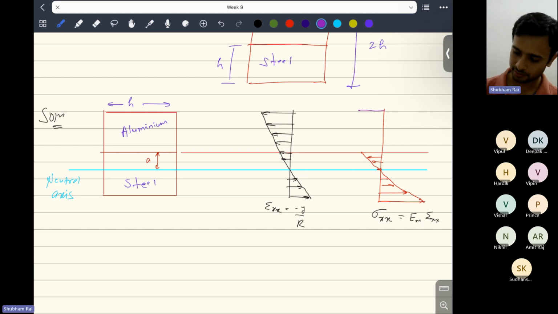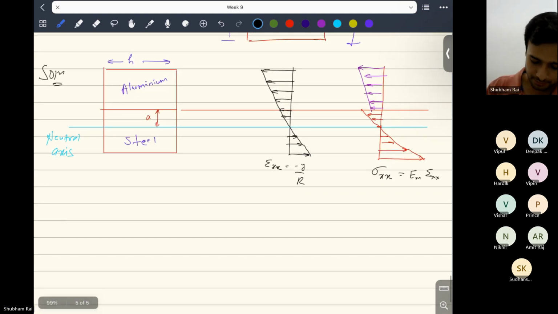Let's say here it has some value, and here there will be some discontinuity. This purple one is in aluminium, but here there is a discontinuity at the interface. Discontinuity of longitudinal stress.